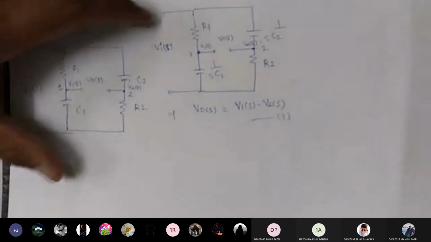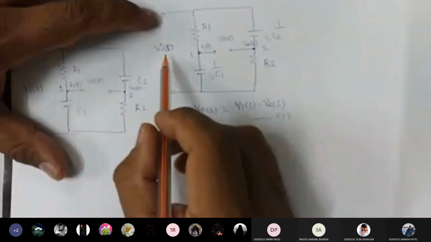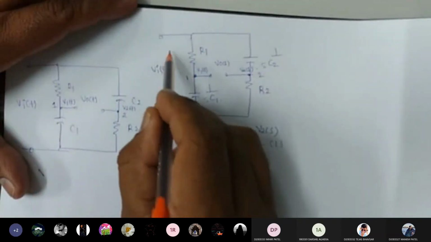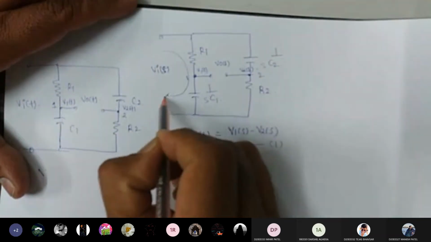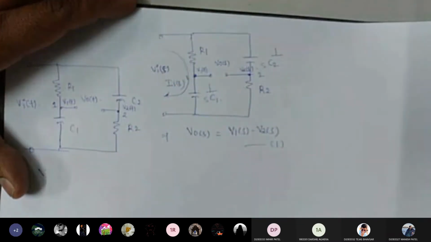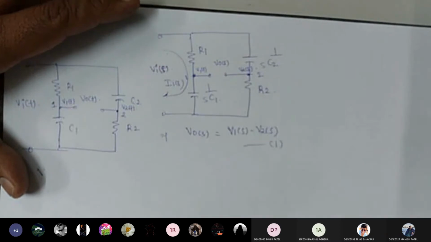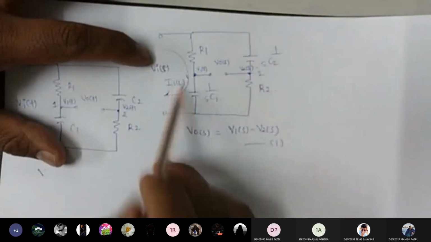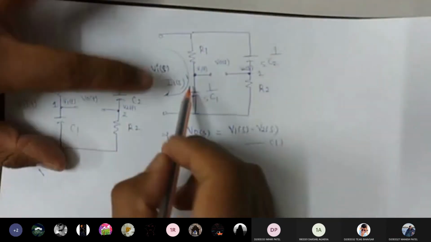Now, due to this input, some amount of current is flowing in the circuit. Let us say I1 of S amount of current is flowing. We want to find the equation related to this.